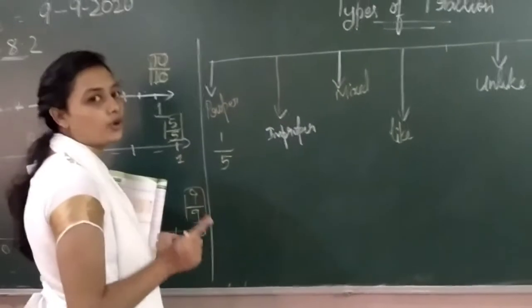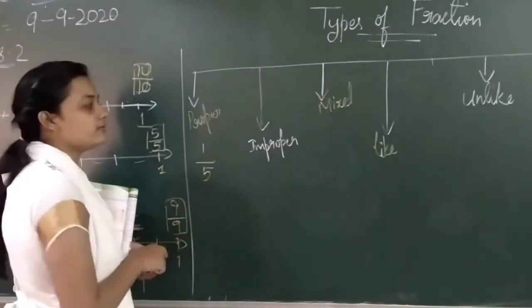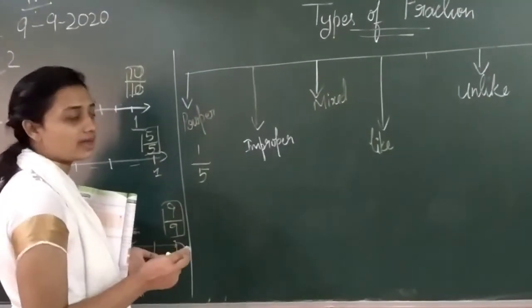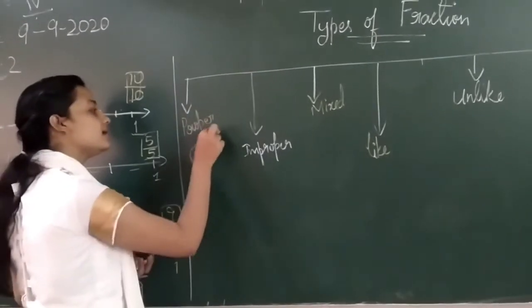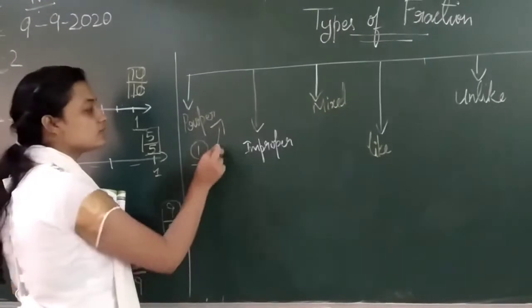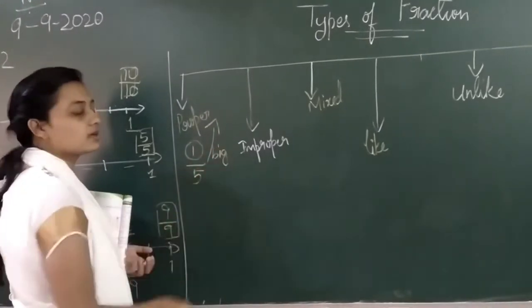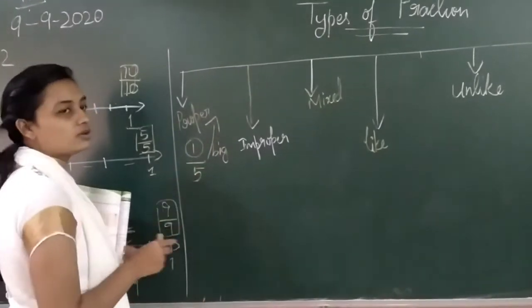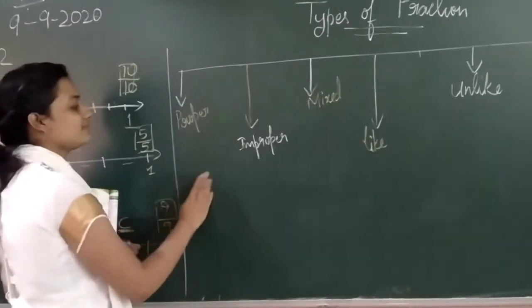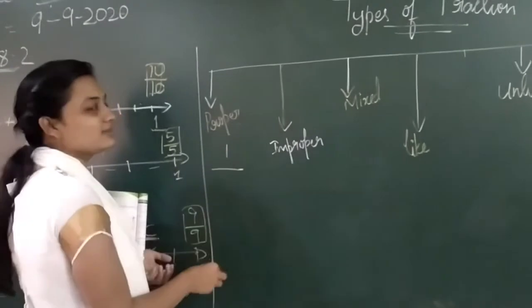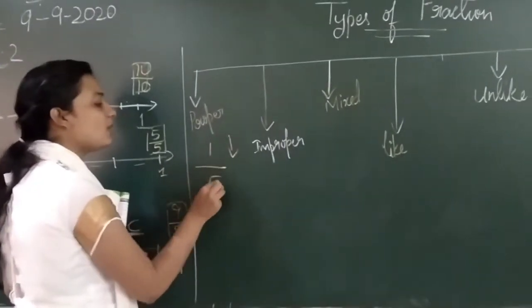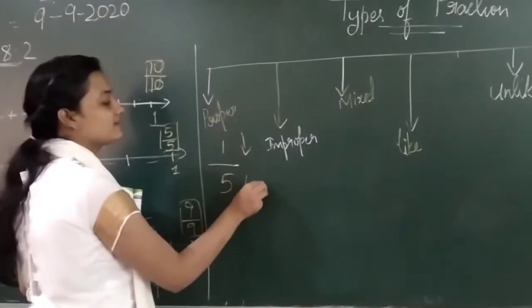First one is proper fraction. Sorry, students. In my proper fraction, my numerator should be small and my denominator should be big.